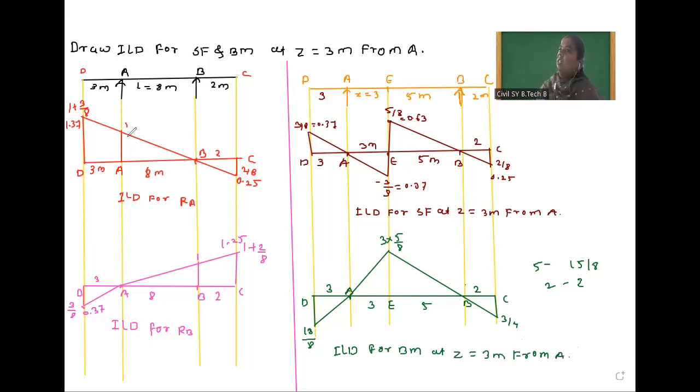So you have to concentrate at which point we have to draw ILD. At that point one value will be there and 0 for the remaining support. After that, if overhanging is provided, you have to make it rigid. That's why you have to extend only the lines. Okay. So please take screenshots. We will solve the next example.